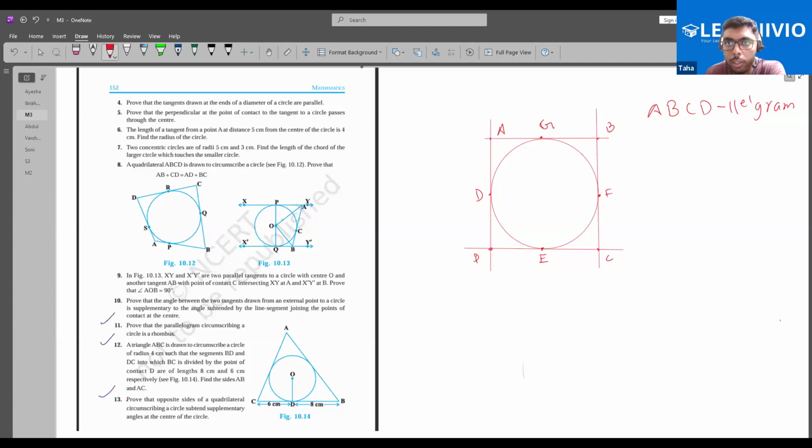And while they are making tangents, we can say AG is equal to AX, length of tangent.